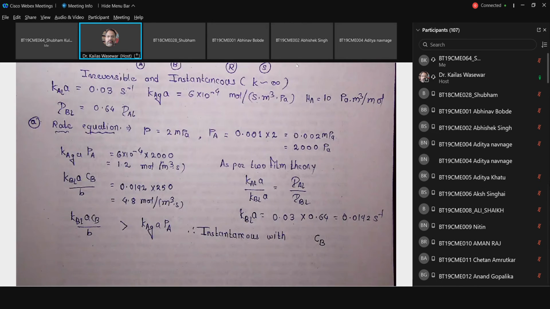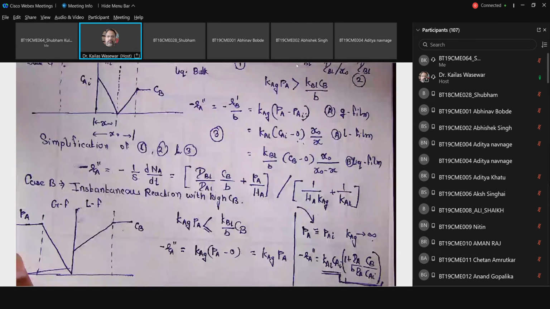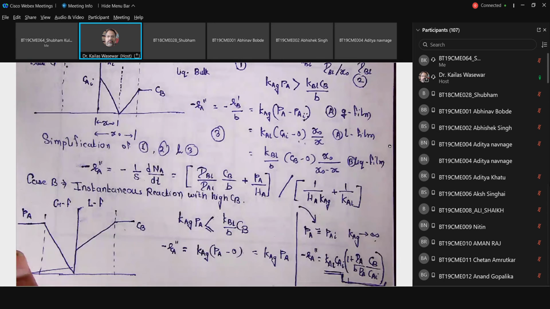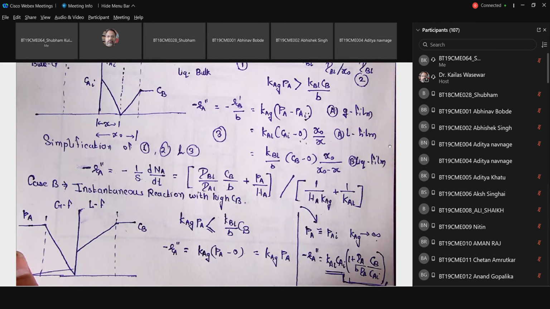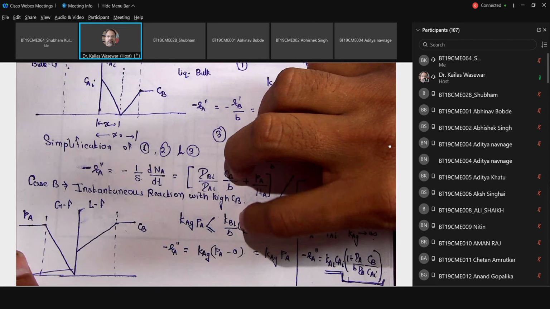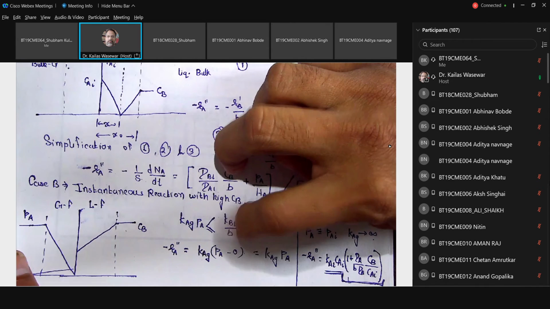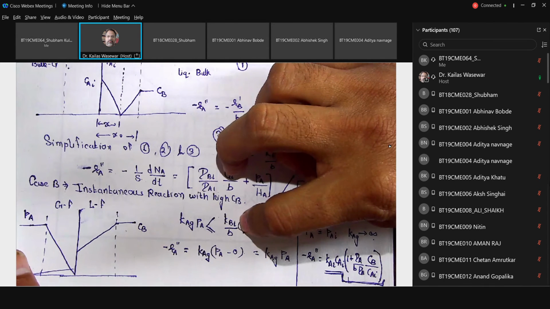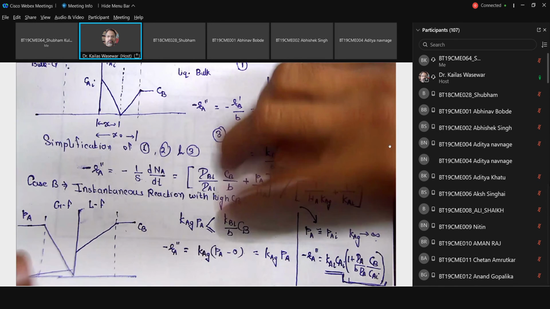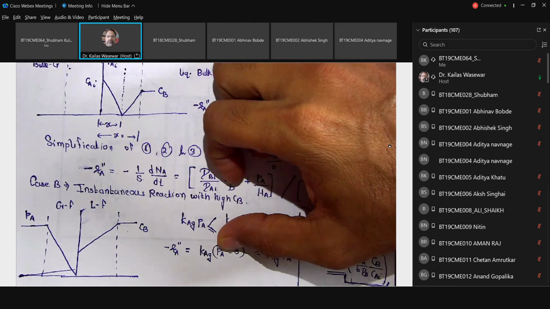If you can recall this one, this yesterday I had mentioned it. So this is the case for high CB. Right? CB term will be more than this KGPA. So if CB term is greater than, high CB. If CB term is less than, low CB. So in that case, our rate expression will be what? Directly we can get it from the PA.